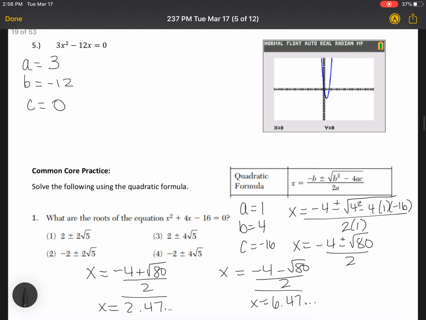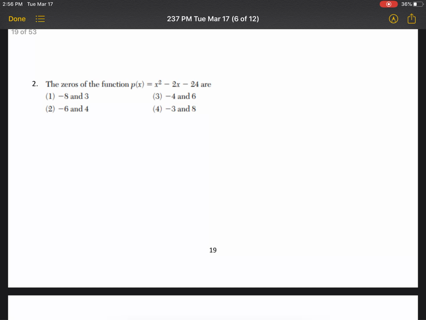Once you've done that, I want you to type each of these choices that they give you into your calculator. Do one with the plus, one with the minus for each of them until you get those exact same decimal points. Once you get the same exact decimal points, then you know you have your answer. I'm just going to skip through that part to save some time on this video.